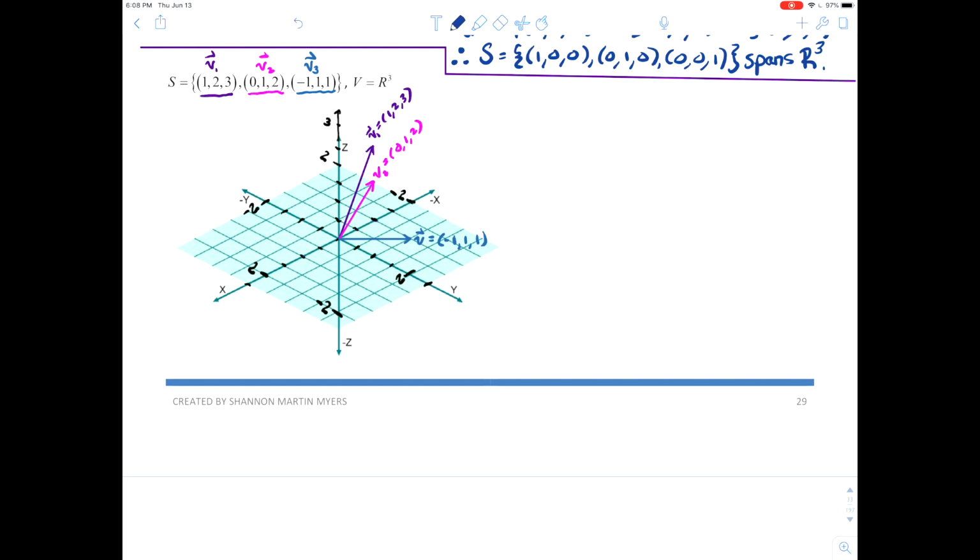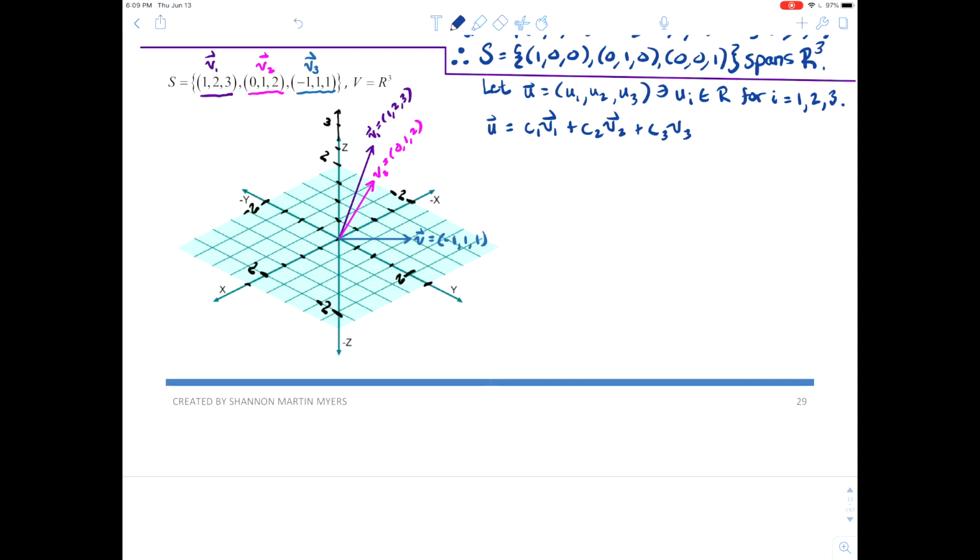All right, so again, why don't we let U equal U1, U2, U3 such that Ui belongs to the real numbers for i equal 1, 2, and 3. And what will we have? We'll have U equals C1 V1 plus C2 V2 plus C3 V3.